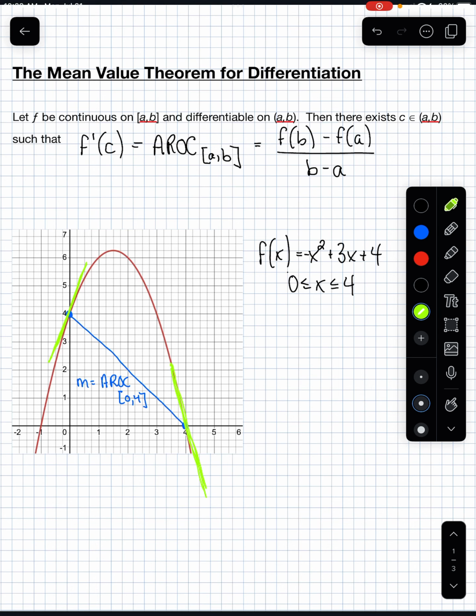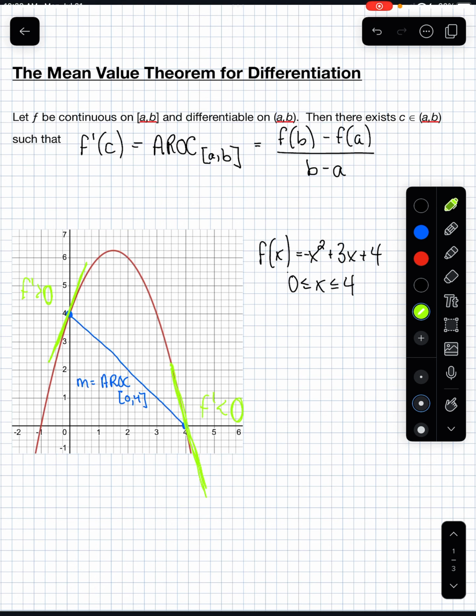So if at this point we're looking at f prime being largely positive, and at this point f prime being largely negative, then it has to transition through all of the possible values between its large positive value at the beginning of the interval and its large negative value by the end of the interval. So somewhere in between, it has to hit this same slope as that of the secant line.